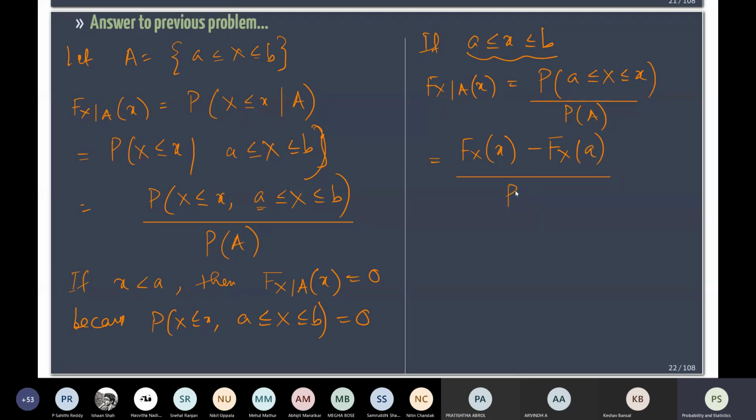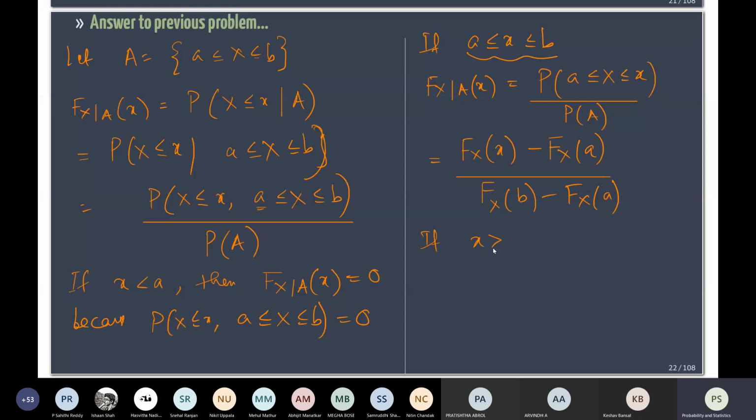And then the probability of A is F_X(b) minus F_X(a). All right. And what are the other cases?